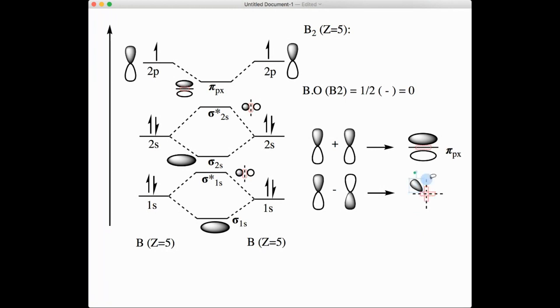So practicing is the best way. The resulting antibonding molecular orbital is going to look like this.